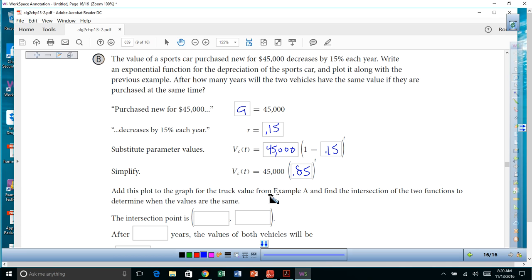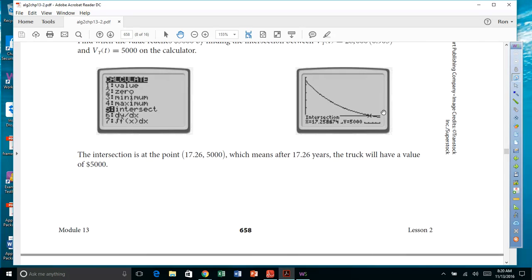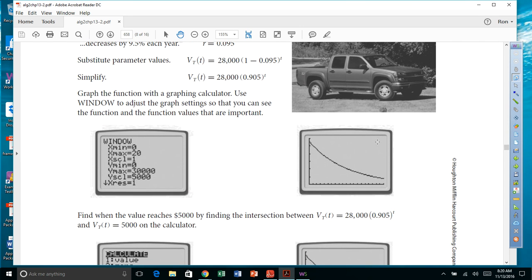Add this plot to the graph for the truck from example A. Okay, let's go back up here. What was that equation? All right, so that's that equation right there.